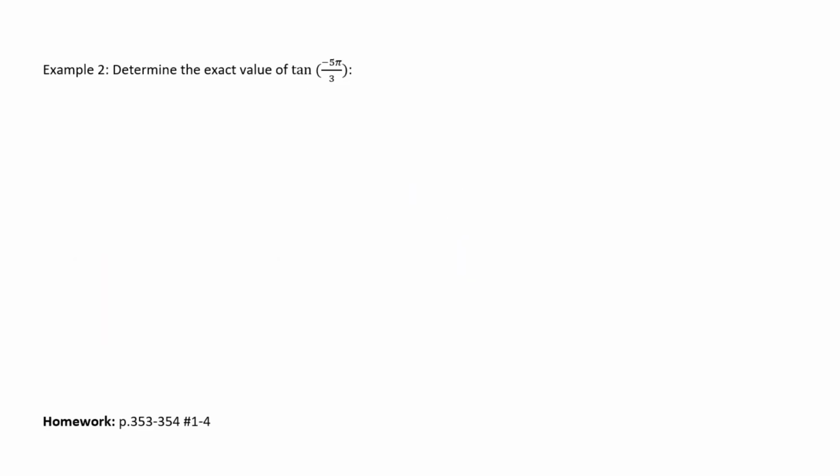If we wanted to determine the exact value of tan negative 5 pi over 3, what we'll have to do there, first, I'm going to draw a Cartesian plane right here, just sketch one out pretty quickly. And then 5 pi over 3, well that means 5 times pi over 3, and pi over 3 is 60 degrees, so that's actually equal to 300 degrees.